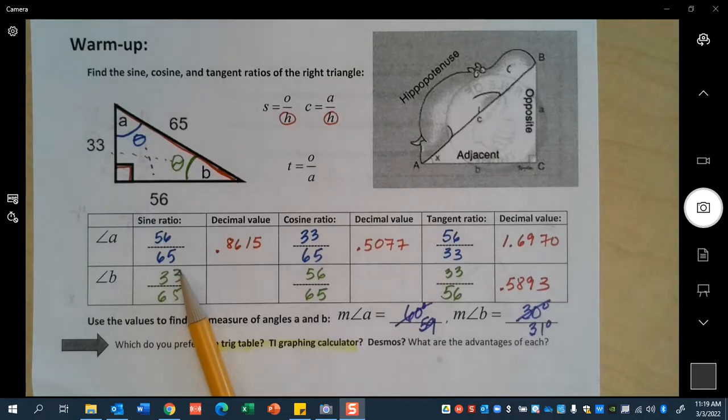That makes sense to you because you're dividing numerator by denominator and putting it into a unit ratio out of 100% compared to 1. We're doing the same thing here.